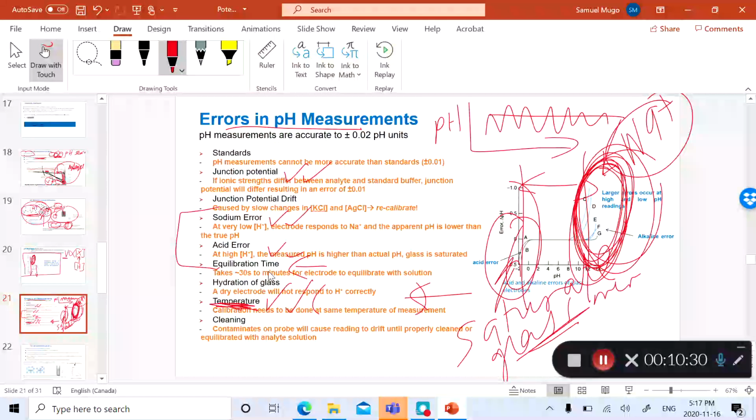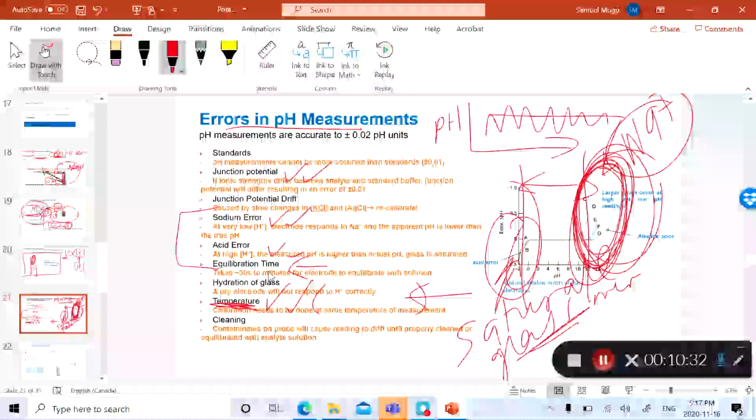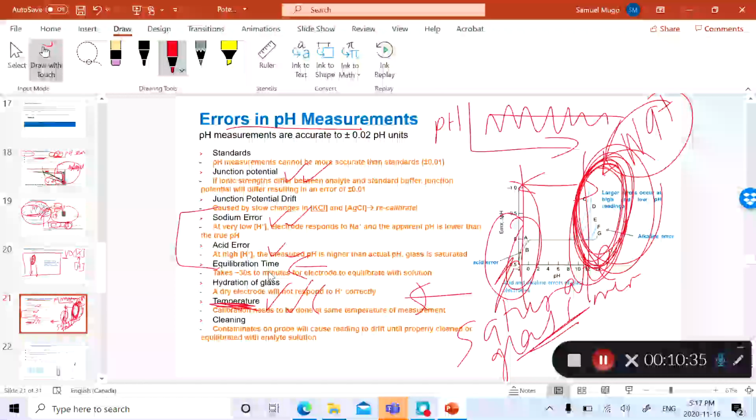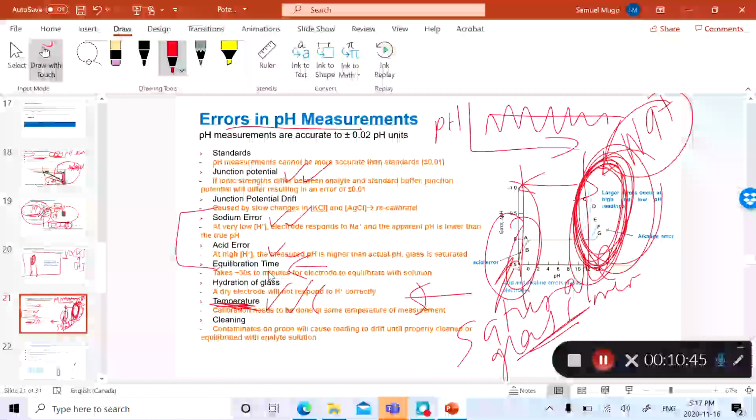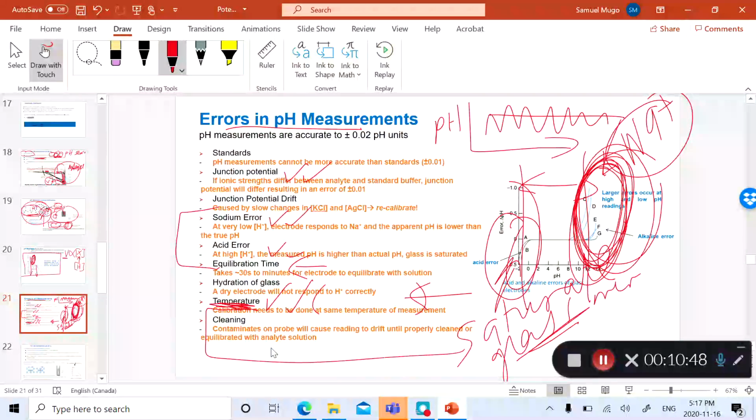So remember, you always have to wait for equilibration time to happen because potentiometry is an equilibrium technique. And so you have to make sure the equilibration time is always constant, otherwise you get a bit of variation. And lastly, the cleaning of the pH electrode.